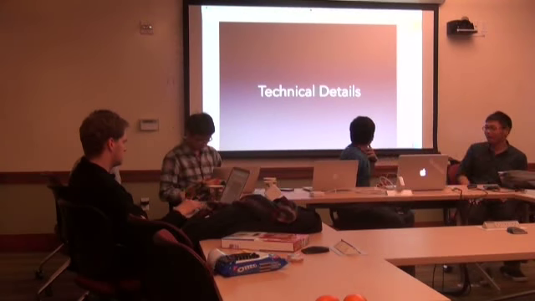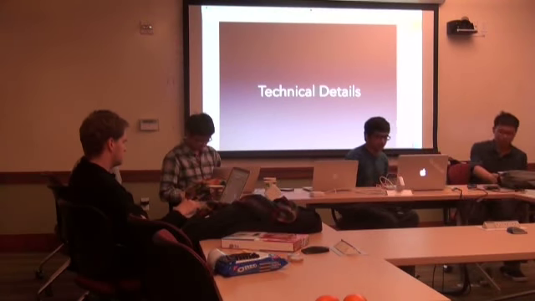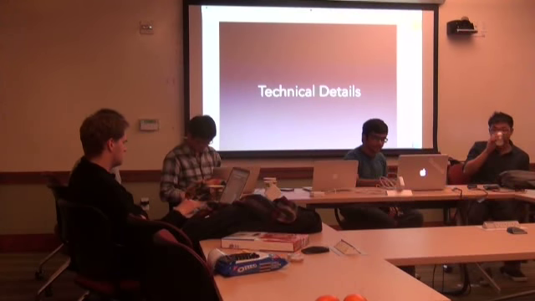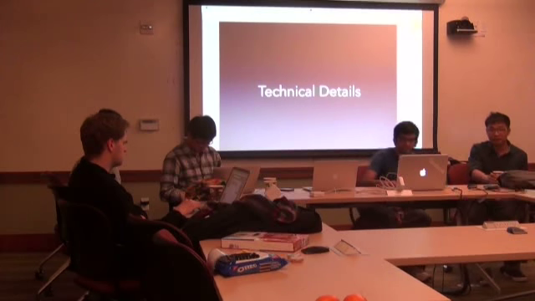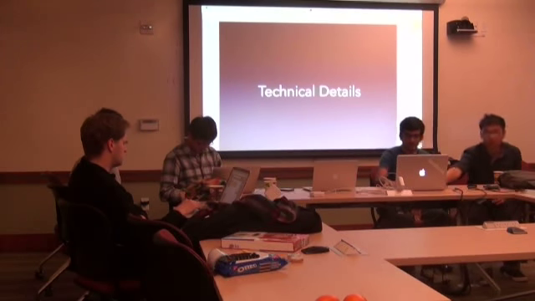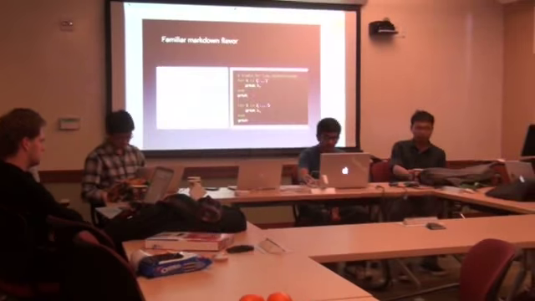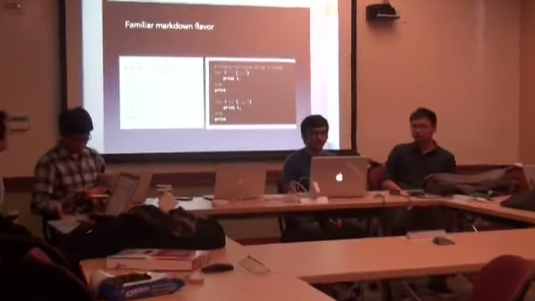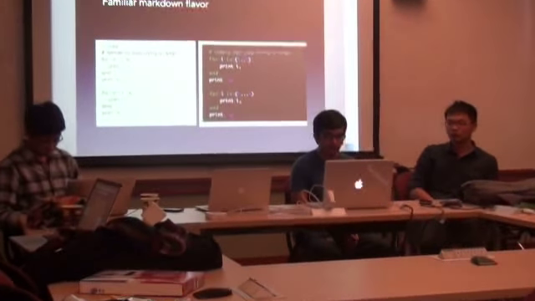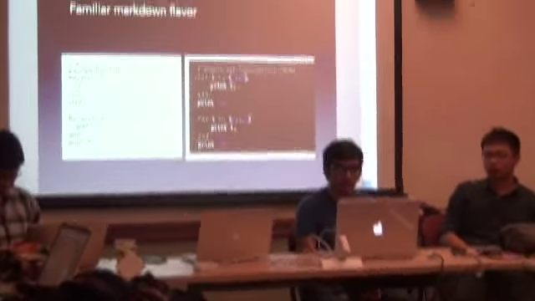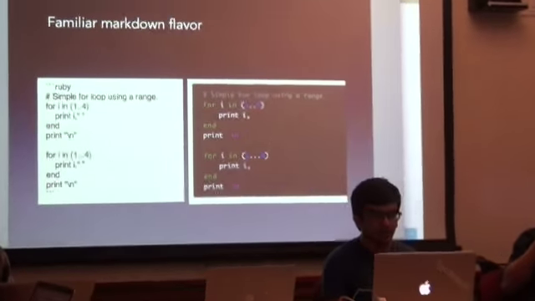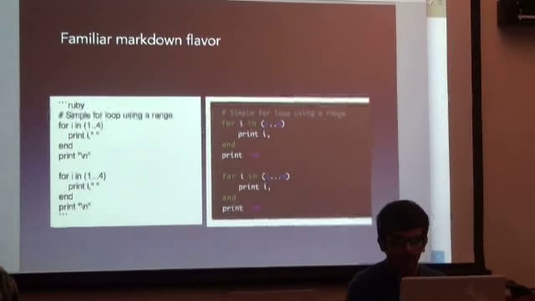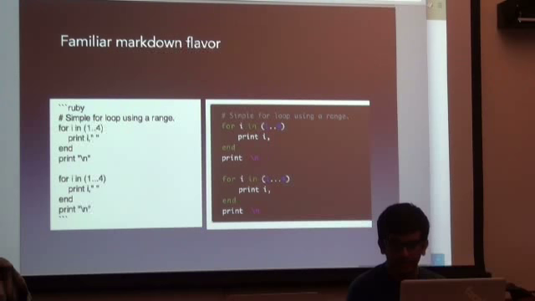Okay. So I'll start discussing the technical details which were not really apparent in the demo that Win did. One of the things that we really focused on was the Markdown flavor. We wanted a Markdown which was very familiar to developers and that helps them understand what is in the documentation and the description.